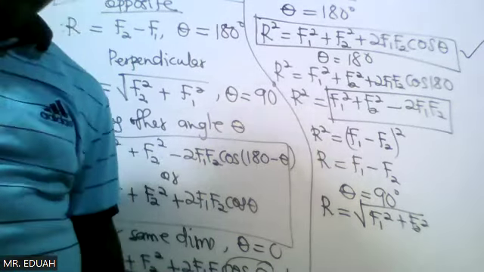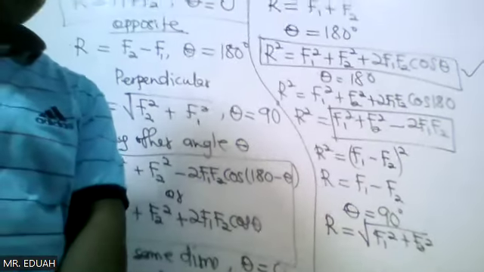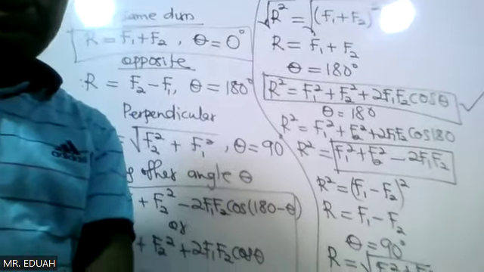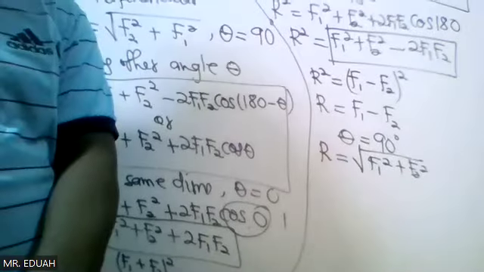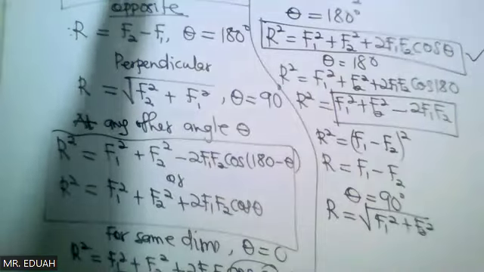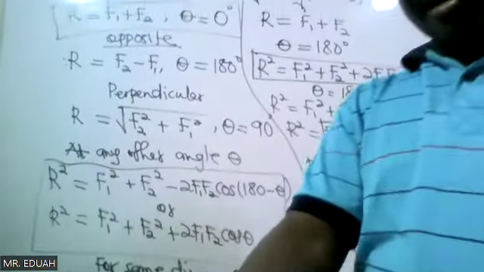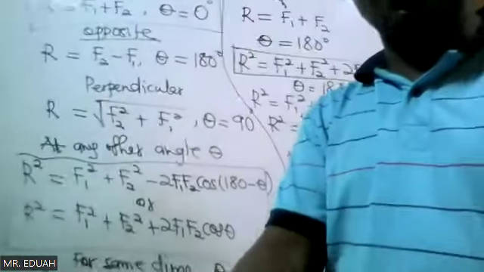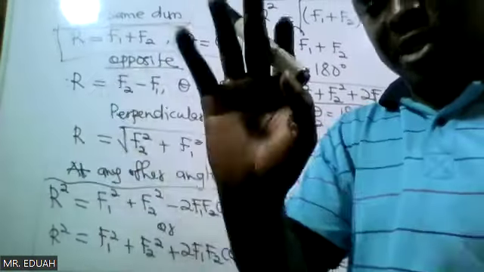Please, is that okay? So it overrides all of them. But the cosine rule and the sine rule are limited to only two forces.